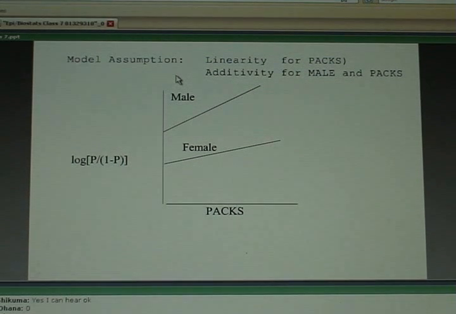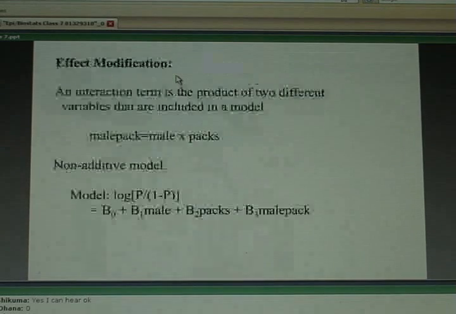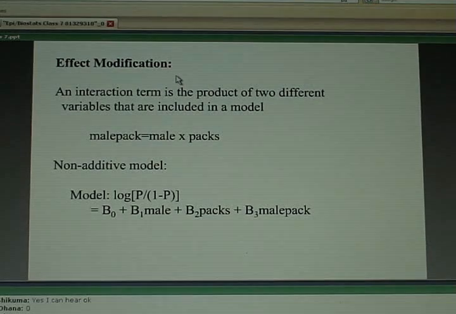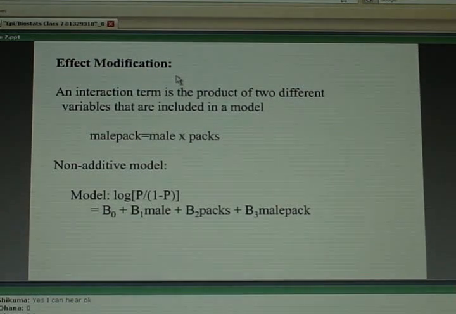Instead of assuming that there's a single effect of males versus females, this model will allow us to estimate that males and females have different effects depending on the levels of smoking. And as some sort of an interaction term, what this model is going to include is a new variable, which will be the product of your sex status, male versus female, and your smoking level.